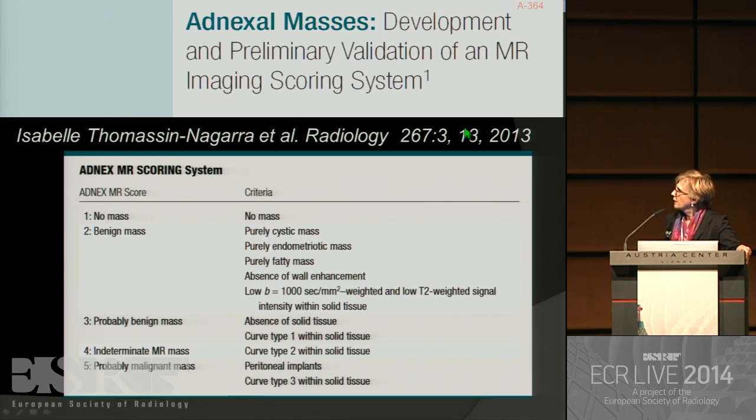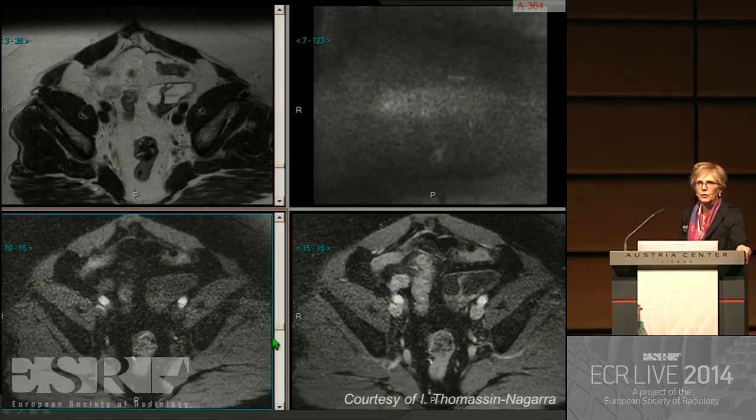And to differentiate between score 3 and 4, we use the dynamic contrast pattern. The lesion that is probably benign, as score 3, shows type 1 contrast enhancement. And this I want to illustrate with one of Isabelle's cases. On the left side, a complex adnexal mass can be seen.